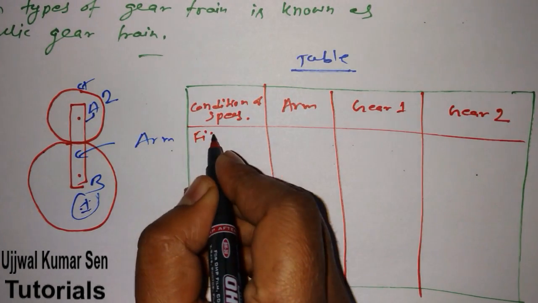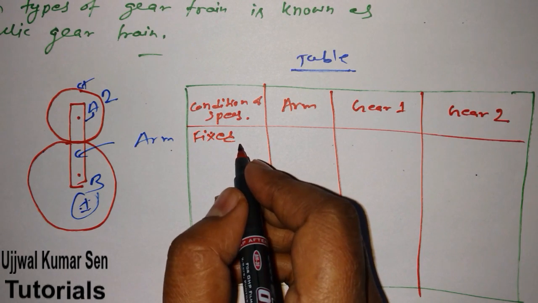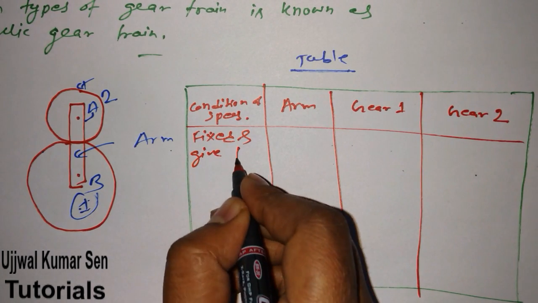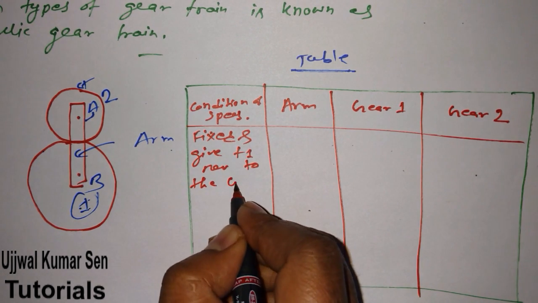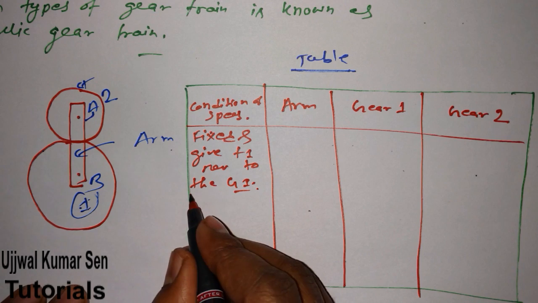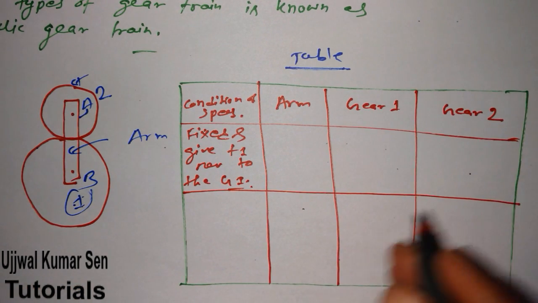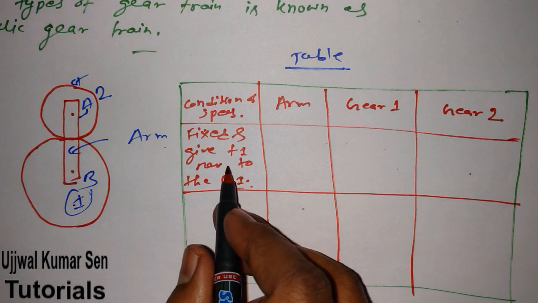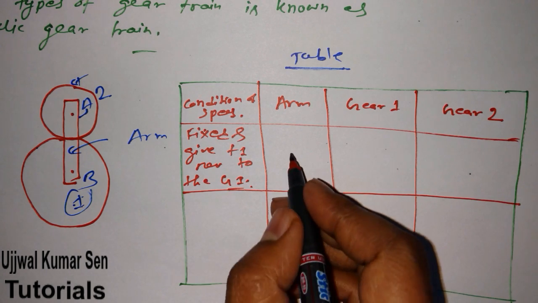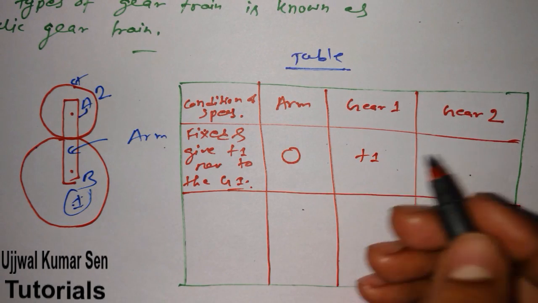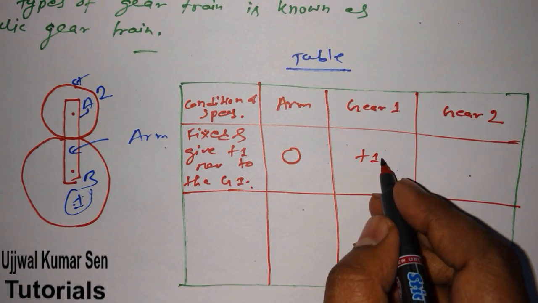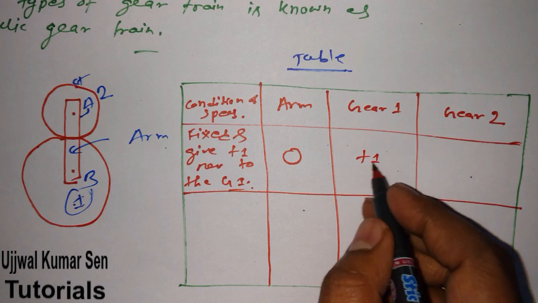Let's say if arm is fixed, and give +1 revolution to the gear 1. What we are doing exactly is fixing this arm. If arm is fixed, then speed would be 0. If we are giving 1 revolution, +1 is here, and because of this +1 revolution, that means clockwise.